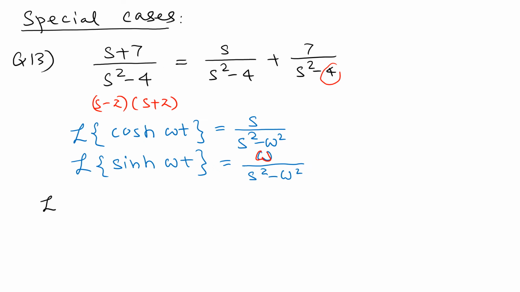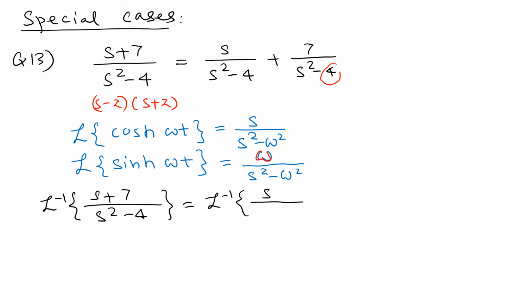So I'm going to do this inverse Laplace transform problem here. L inverse of (s + 7)/(s² − 4) equals the inverse Laplace transform of s/(s² − 4), and here we're going to make some adjustments.